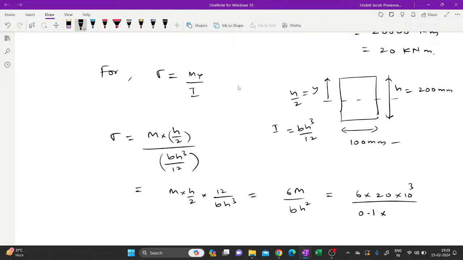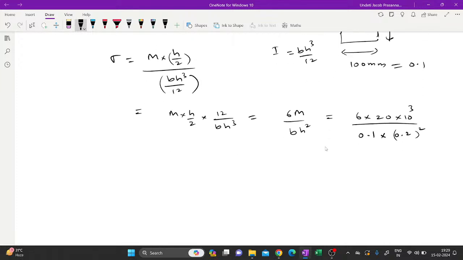Substituting, M is equal to 20 into 10 cube, B is 0.1, and H is 0.2, whole square. I'm directly putting in SI units. So the value of sigma comes out to be 120 into 10 cube by 10 power of minus 1 into 4 into 10 power of minus 2, because it is 2 into 10 power of minus 1.